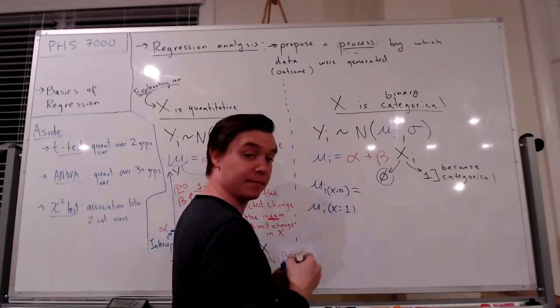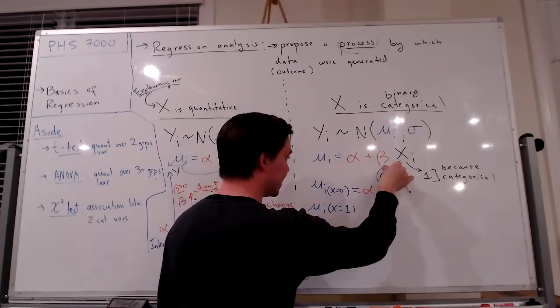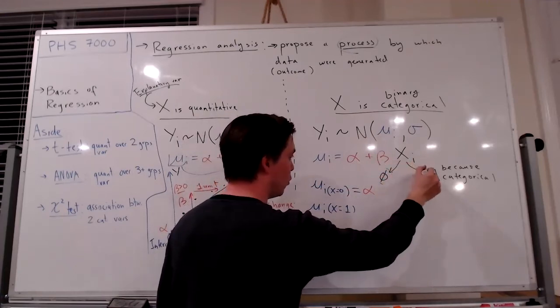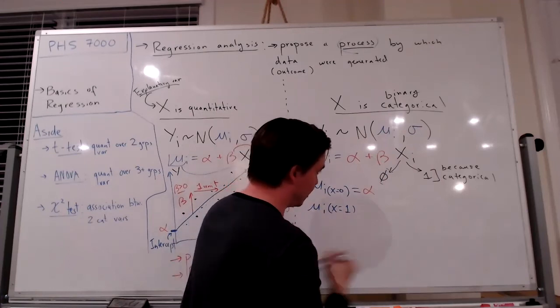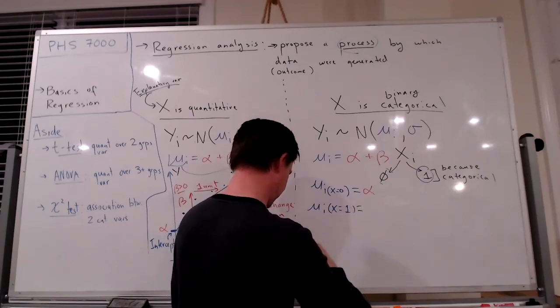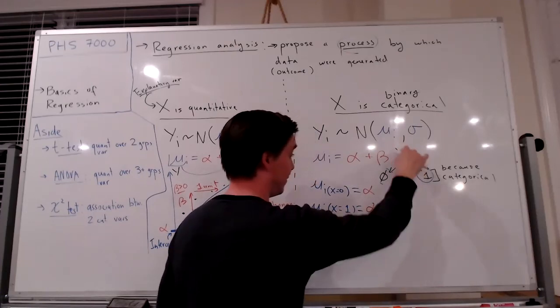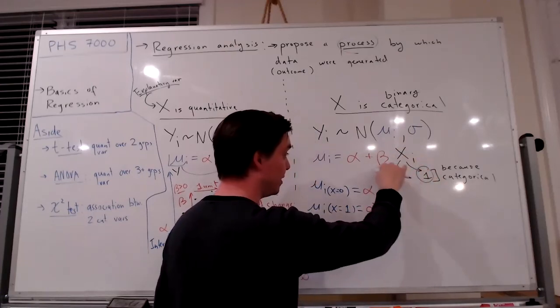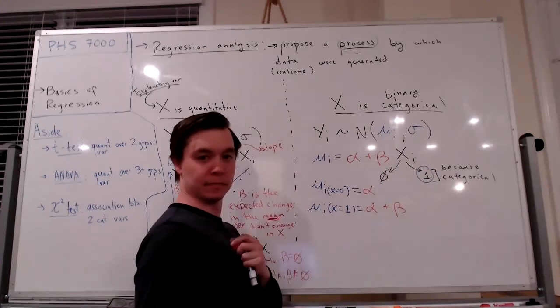We just get alpha. When x is not 0 but 1, so we're talking about the other group, we get alpha plus, x is equal to 1, beta times 1 is beta. Alpha plus beta.